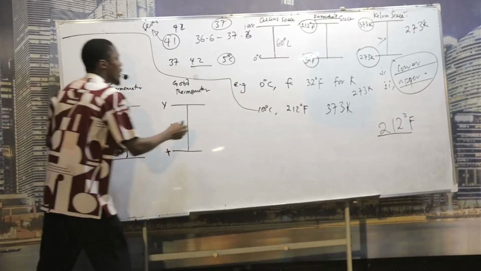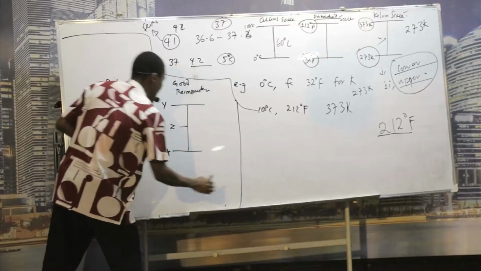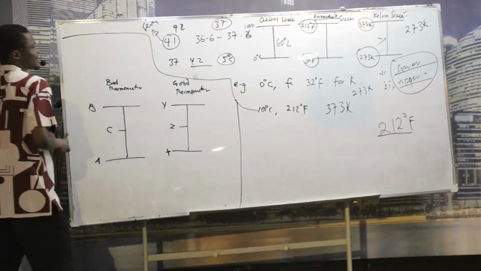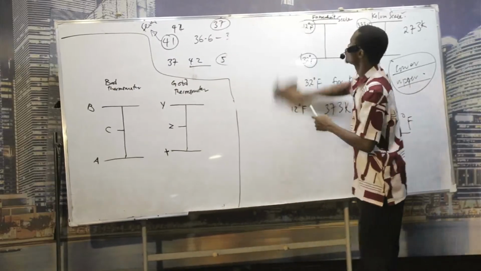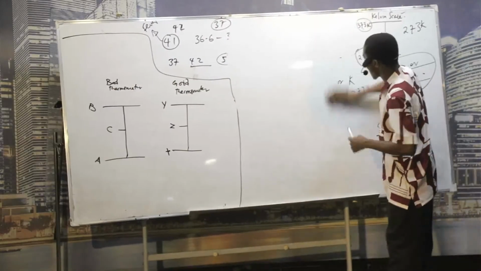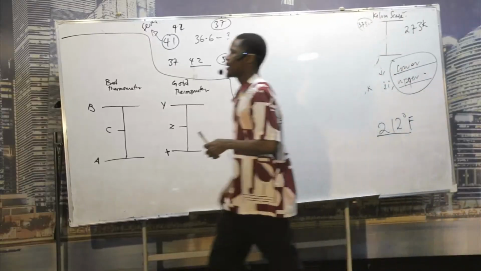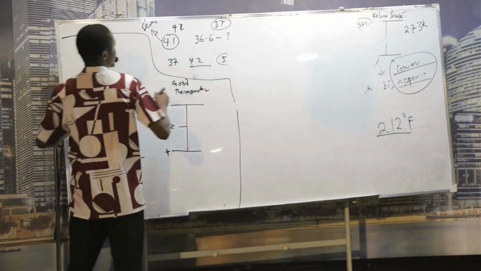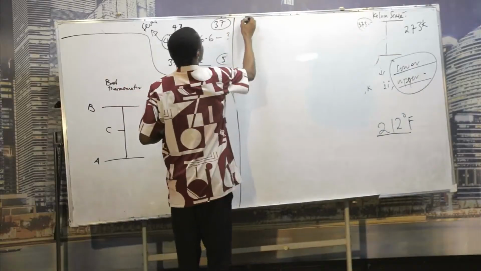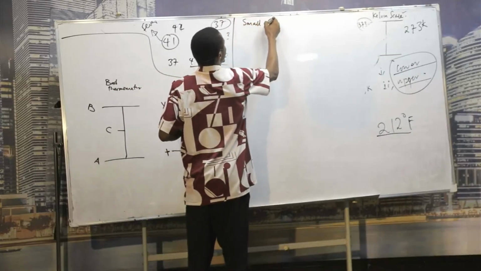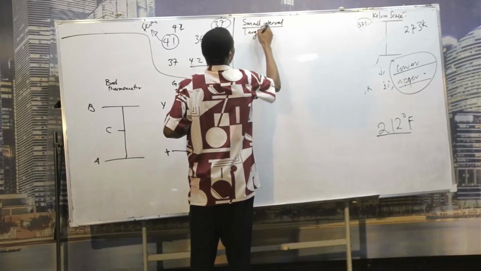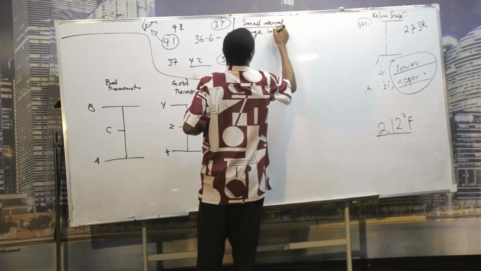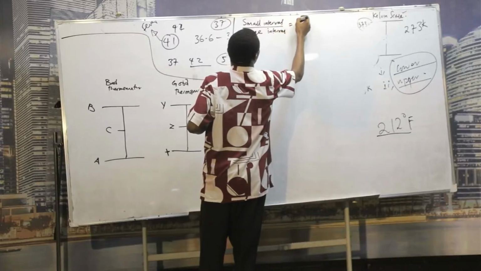So, we have an equation, and I simplified it to look like this. Whenever you want to do anything like that, just remember this ratio: small interval over large interval is equal to a constant.